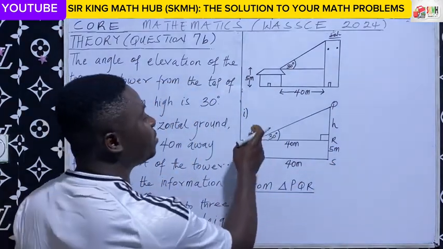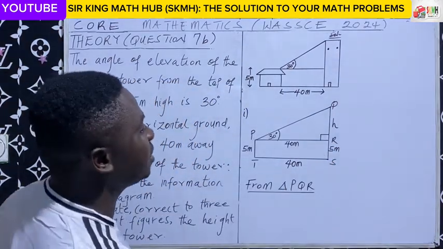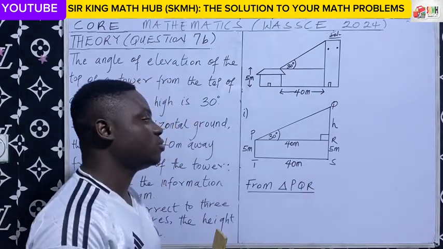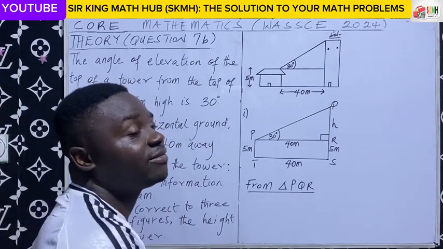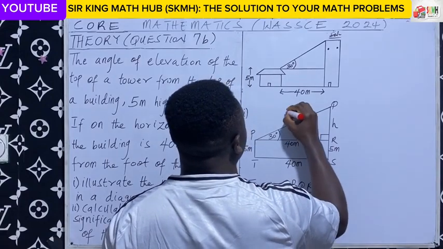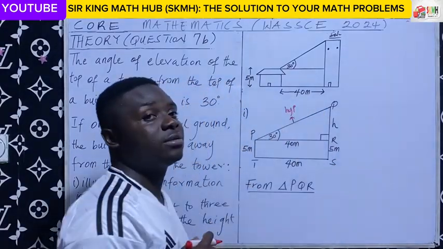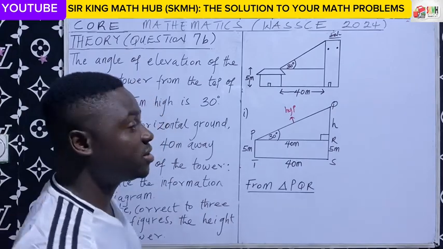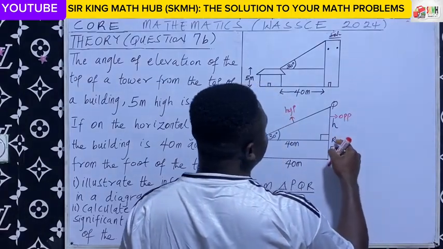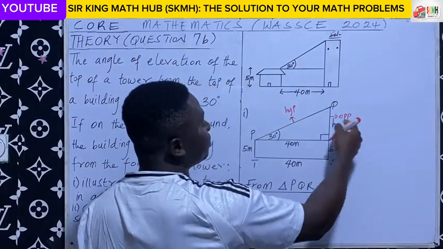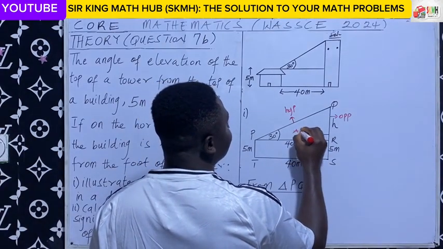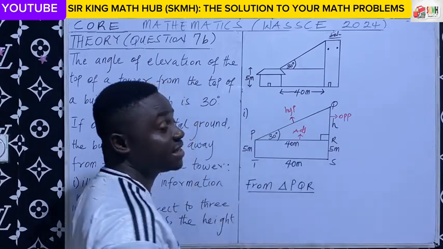Don't forget that triangle PQR is a right angle triangle because one of its interior angles measures 90 degrees. So because it's a right angle triangle, let's identify the sides. We know that the longest side is the hypotenuse, and the side facing the acute angle becomes the opposite. So line RQ or H represents the opposite. So the remaining part becomes the adjacent. So line PR represents the adjacent.